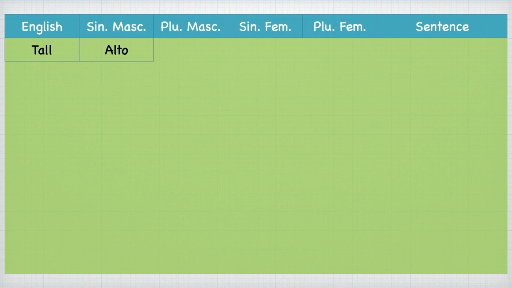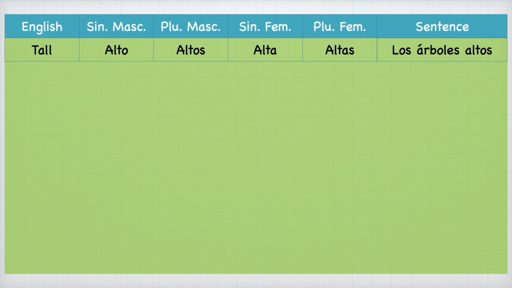For tall, we have alto or altos. And these are both for masculine. Alto is singular, altos is plural. And for feminine, we have alta in singular and altas in plural. And then we have our sentence, los árboles altos, the tall trees.